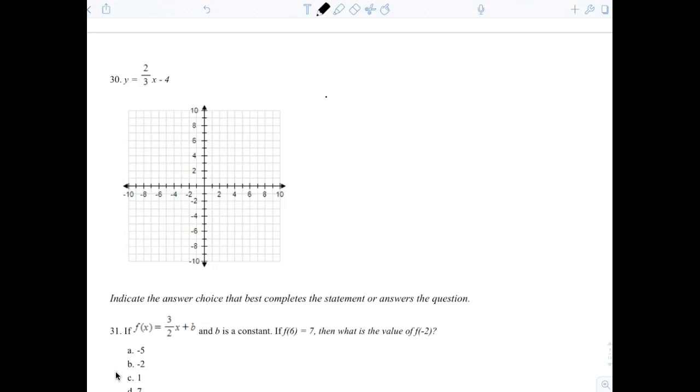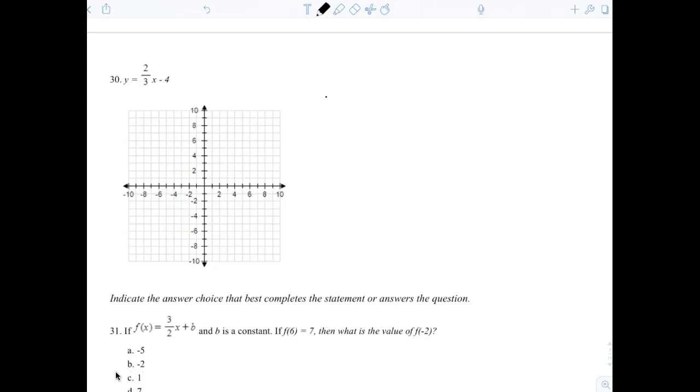So if I plug negative 3 in, let's talk about it. Y equals 2/3 times negative 3 minus 4. Does everybody see how that is negative 6? 2 times negative 3 is negative 6, divided by 3 is negative 2, minus 4 is negative 6.